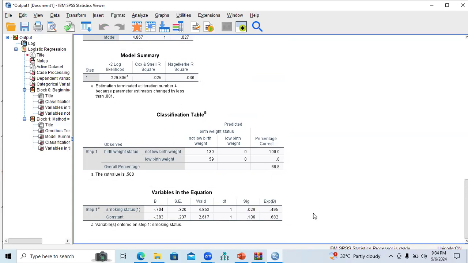And you can see here that smoking status is negatively impacting the birth weight status of the infants. And there is a 49.5% chance of having a lower birth weight in case of smoking.